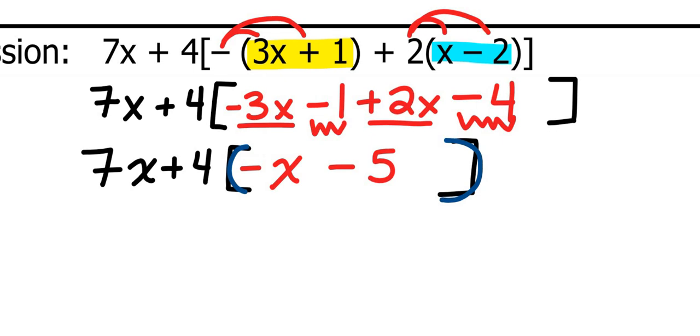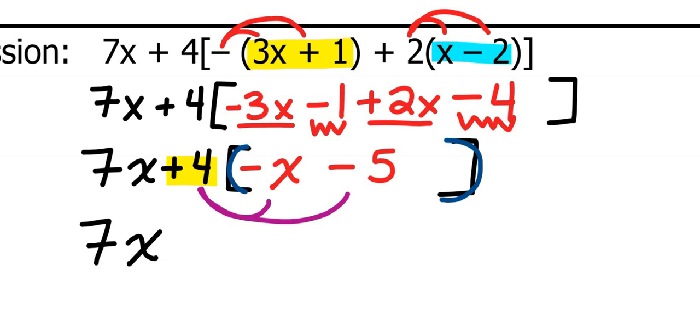And so now I'm going to distribute the 4 that's in front of the parentheses to the negative x and to the negative 5. So 7x, positive 4 times negative x is a negative 4x. Positive 4 times negative 5 is negative 20.